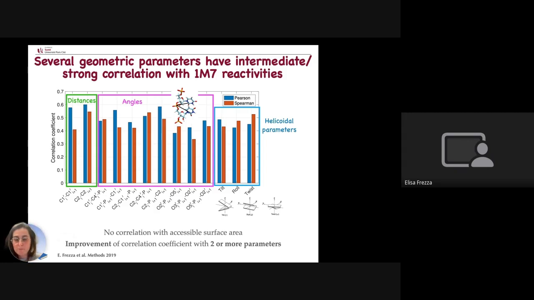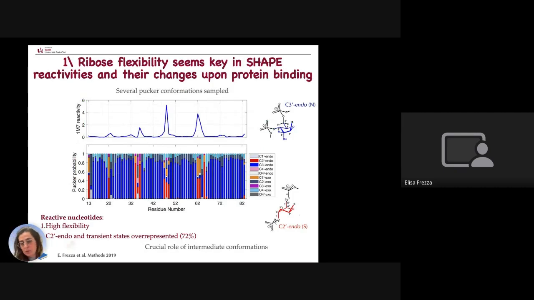Also, since the ribose is the key element where the reaction takes place, we decided to compute the puckering. In DNA, because maybe you're more familiar with that, there is a specific ribose conformation called C2' endo conformation, and in RNA the common conformation is the blue one, the C3' endo. This represents more than 90% of the ribose conformations in RNAs.